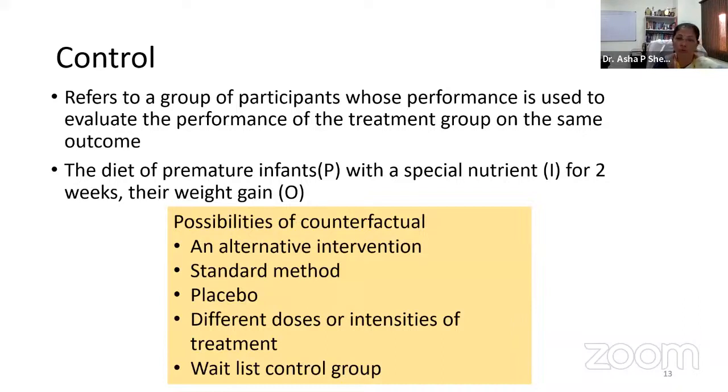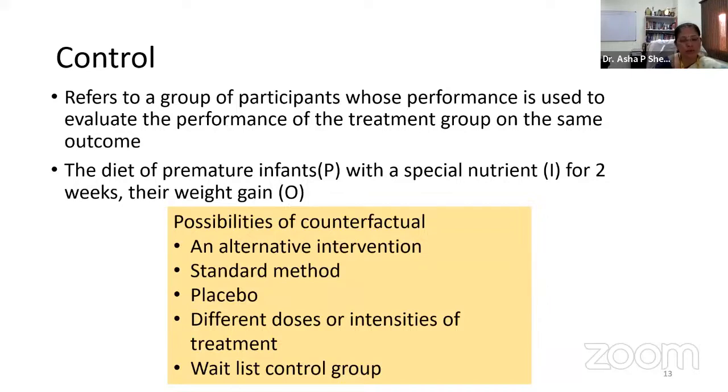So how do we know it is because of the intervention that there is weight gain among these premature infants? Sometimes it is difficult to conclude because during the process of development or maturity, premature infants may gain weight. So we cannot conclude that it is only because of the special treatment that the baby has gained weight.